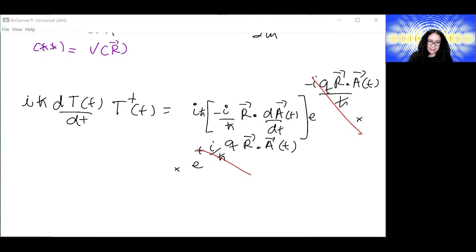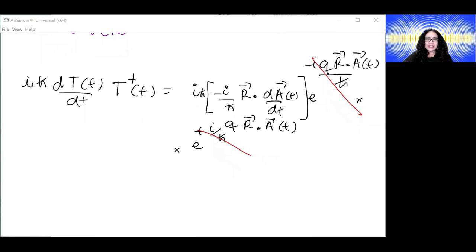So these two cancel out. This is in fact something I expected because this is T and this is T dagger. Now, because it was an exponential, when you take the derivative of T with regard to time, you get all these things down. So if you rearrange this, you see that you're going to have minus I squared. I squared is minus 1, so you get 1 from here.